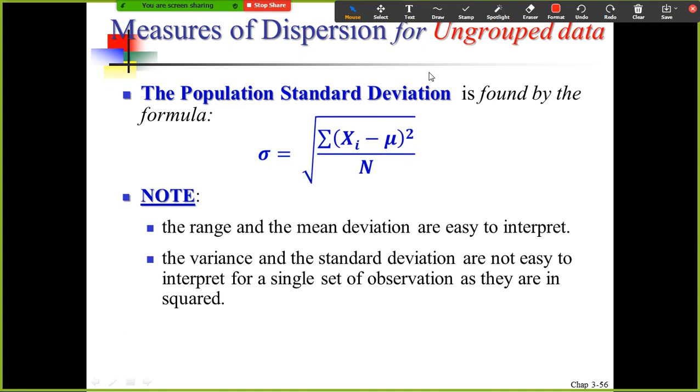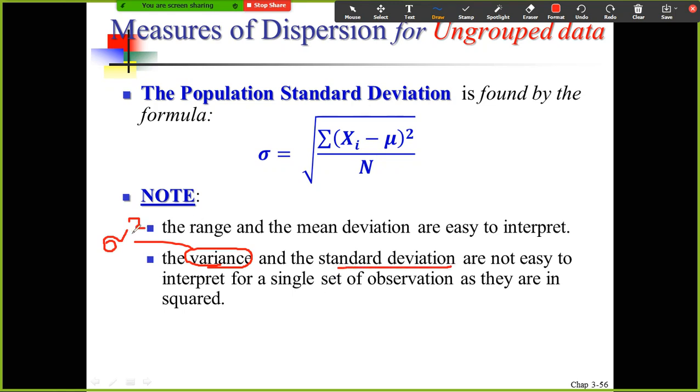So normally we don't explain variance because it is in square, so it's not easy to interpret. However, standard deviation is a little bit easier to interpret because there is no square.